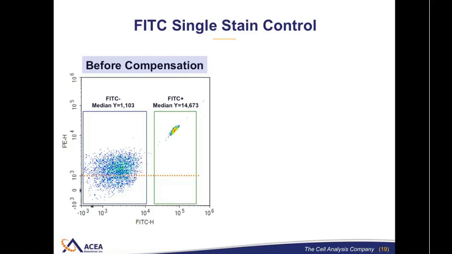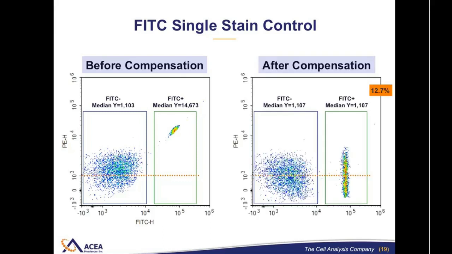And I drew that orange dotted line at the FITC negative median Y for reference, because that's where we need to move the FITC positive population down to so that the medians match. We can do this in a number of different ways depending on which software you're using to analyze your data. Or you can always just let the auto compensation feature do the calculating and adjusting for you, which we usually recommend as a good first step.